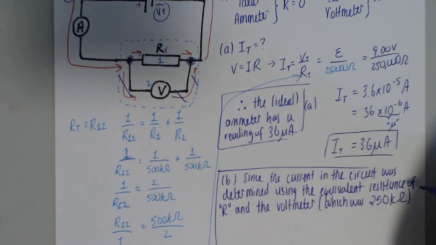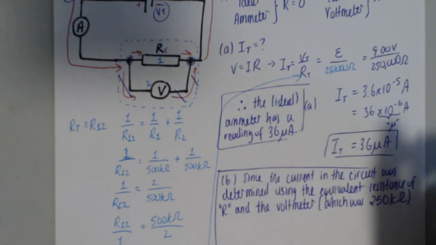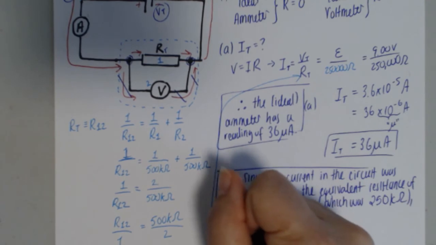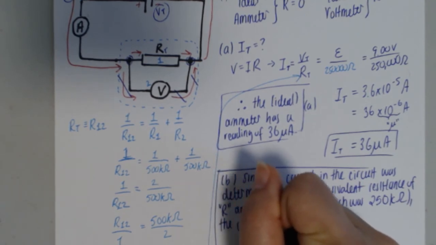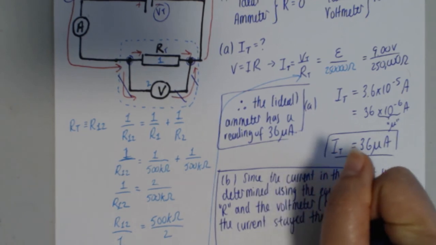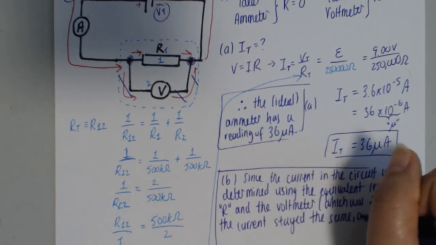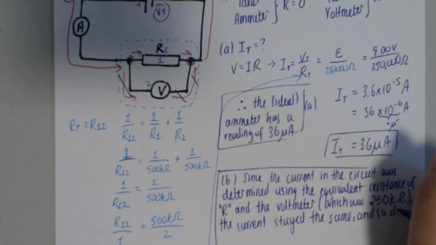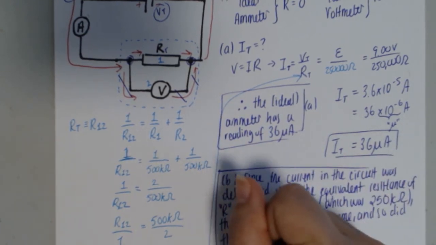So since the current in the circuit was determined using the equivalent resistance of R and the voltmeter, which was 250 kiloohms, the current stayed the same. And so did the EMF.